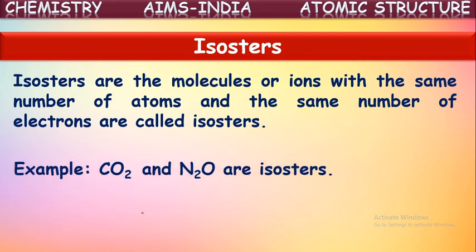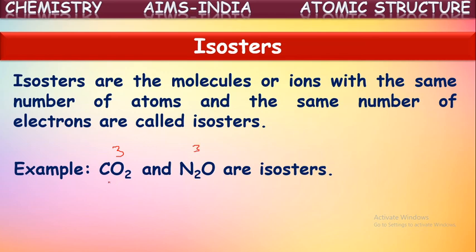For example, just now you have seen one example in the isoelectronics, carbon dioxide and nitrous oxide. These two molecules are having the same number of electrons in them, each 22. And also they have the same number of atoms. If you observe, carbon dioxide molecule has 3 atoms, one carbon atom and 2 oxygen atoms. And if you observe nitrous oxide, 2 nitrogen atoms and 1 oxygen atom, totally 3 atoms here also.